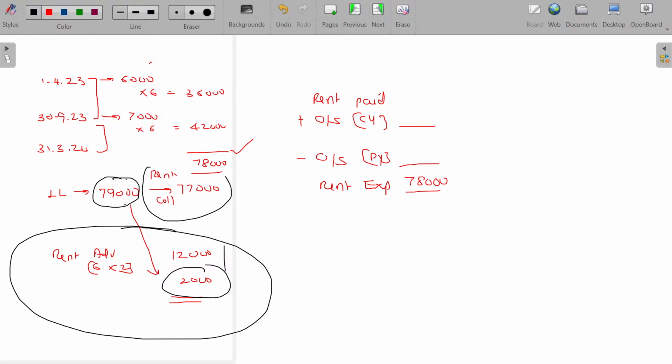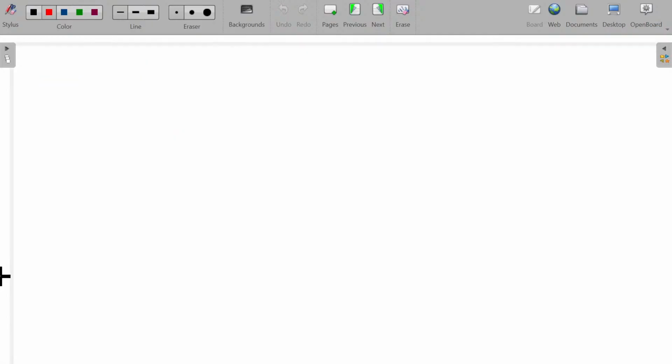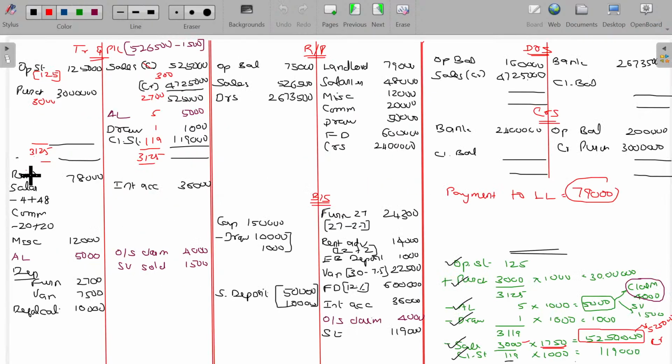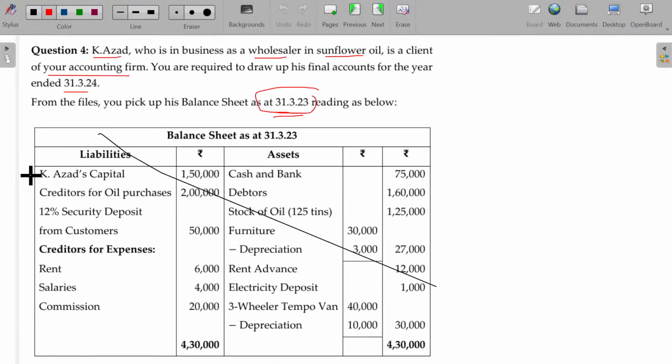Actual payment for the rent is only 77,000, which is here. Clear? 77,000. This is the rent paid. So the amount payable to the landlord, 79,000, includes 2,000 for the advance, another 77,000 for the rent. Rental expenses 78,000 rupees. Outstanding of the previous year is given here, being 6,000 rupees.